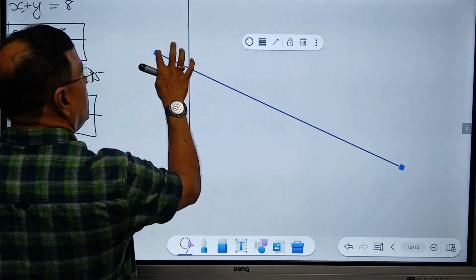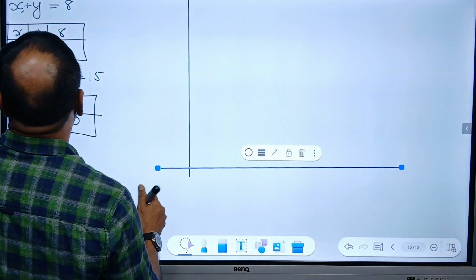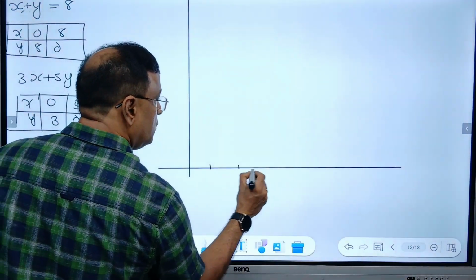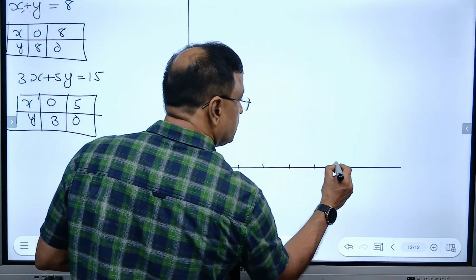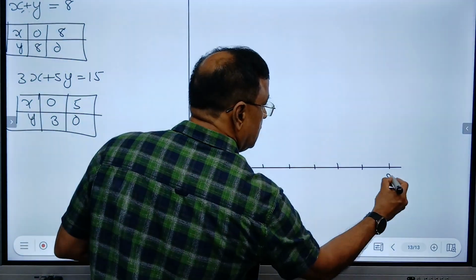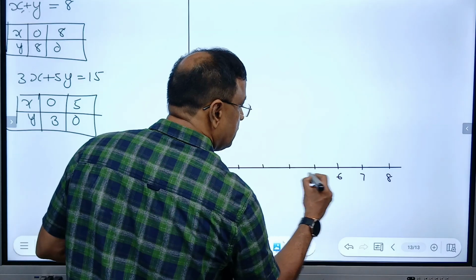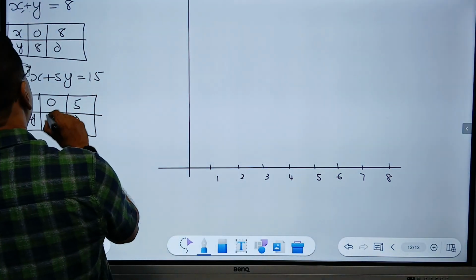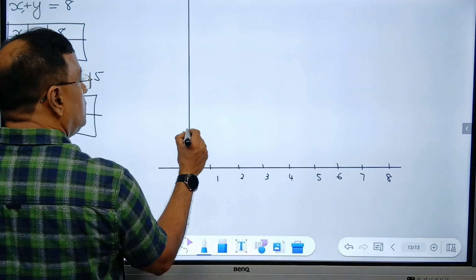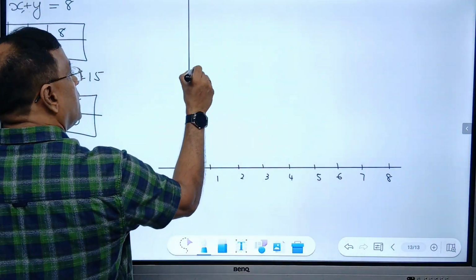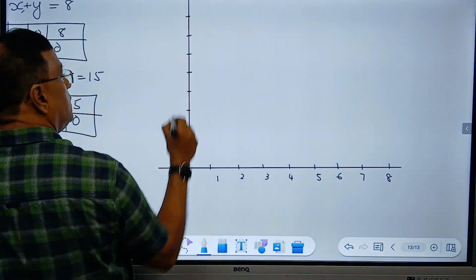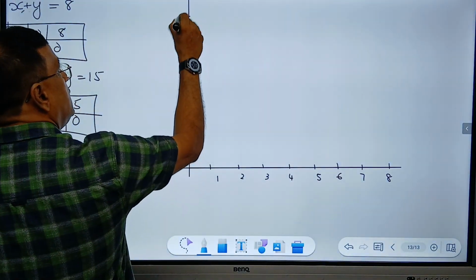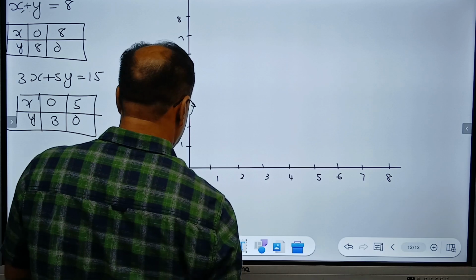X-axis and y-axis. Maximum value is 8, right? So it is 1, 2, 3, 4, 5, 6, 7, 8 on the x-axis, and maximum value of y is 8 again, so 1, 2, 3, 4, 5, 6, 7, 8. Okay, now I'm going to plot.